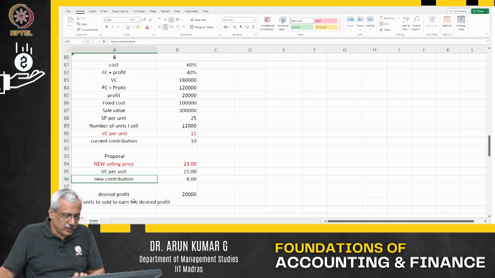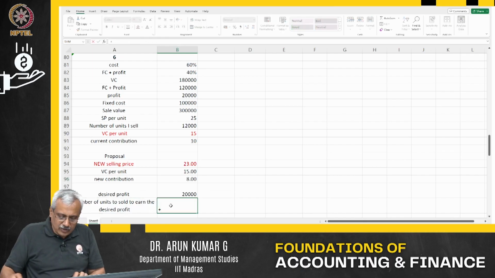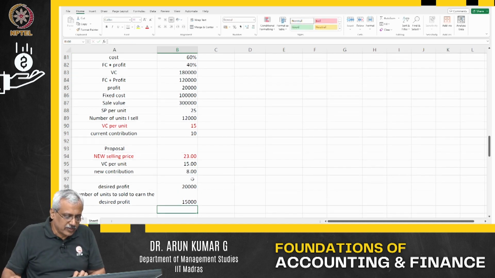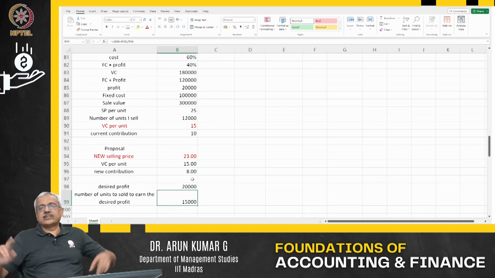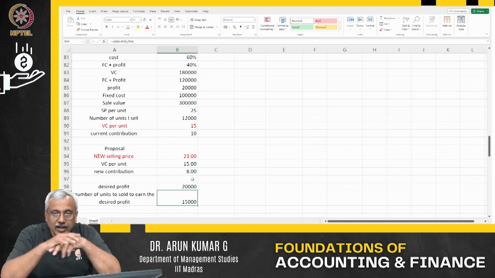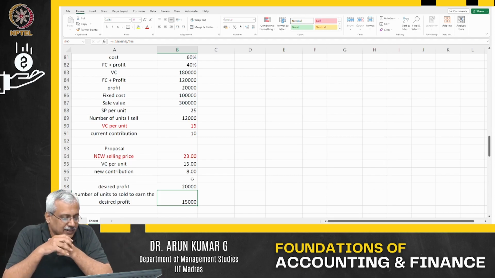What is my fixed cost? My fixed cost is 1 lakh. What is my desired profit? 20,000. What is the contribution per unit? New contribution is $8. So, I need to sell 15,000 units to earn the same profit at a price reduction of about $2.